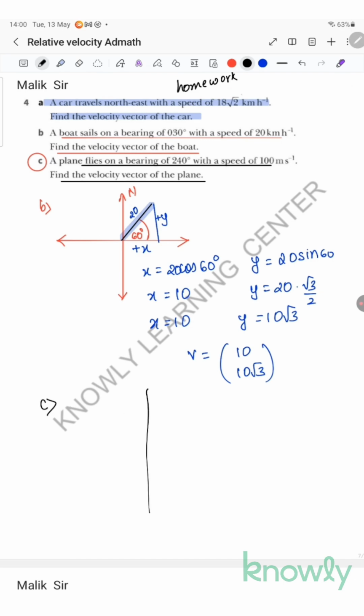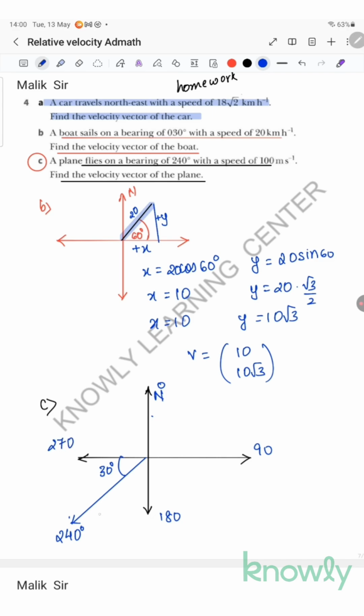The plane flies at the bearing of 240 degrees, so 240 degrees will be somewhere over here. This is 30 degrees. We will always measure the angle from the x-axis. North is 0, then 90, 180, 270.